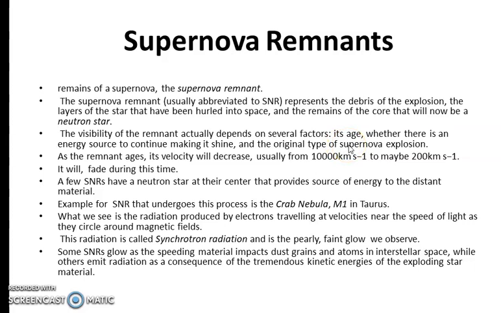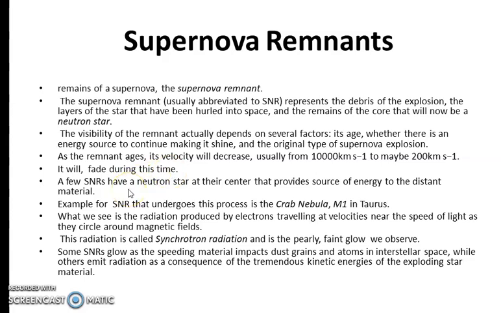These remnants are moving with a velocity, and as the remnant ages, its velocity decreases from 10,000 kilometers per second to 200 kilometers per second. Also, these remnants fade during this time, so their brightness decreases.